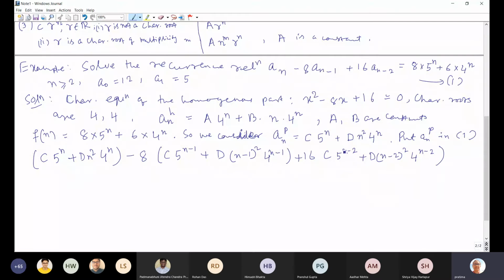Well, I could have put a curly bracket. So this is equal to 8 into 5 to the power n plus 6 into 4 to the power n.